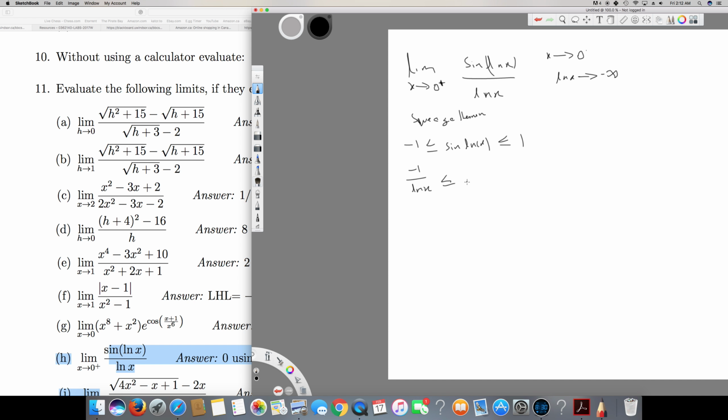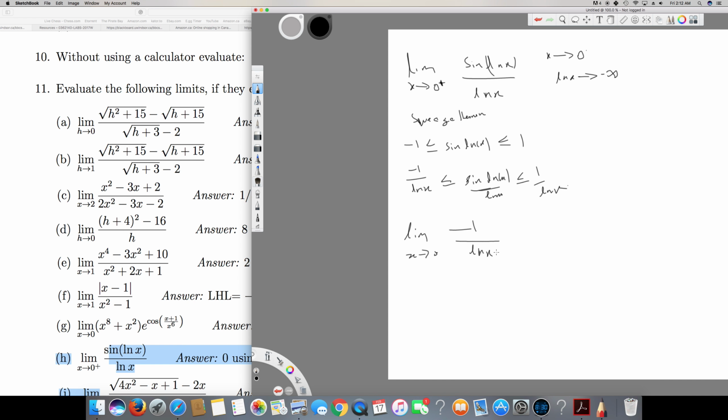So we get negative 1 over ln x, sine of ln x over ln x, and 1 over ln x. So let's see the limit as x approaches 0.